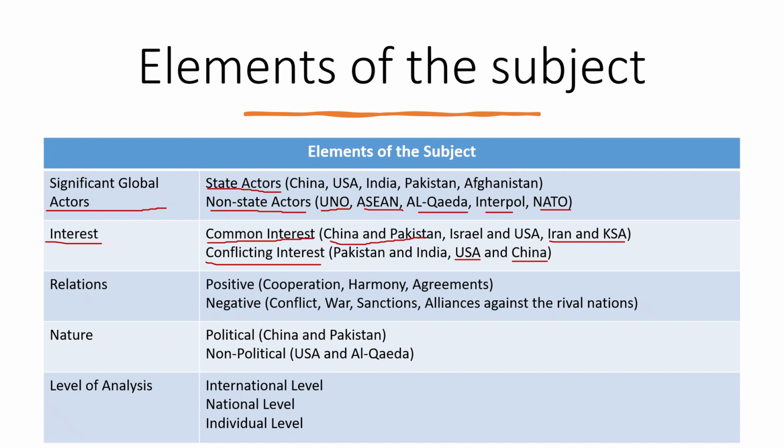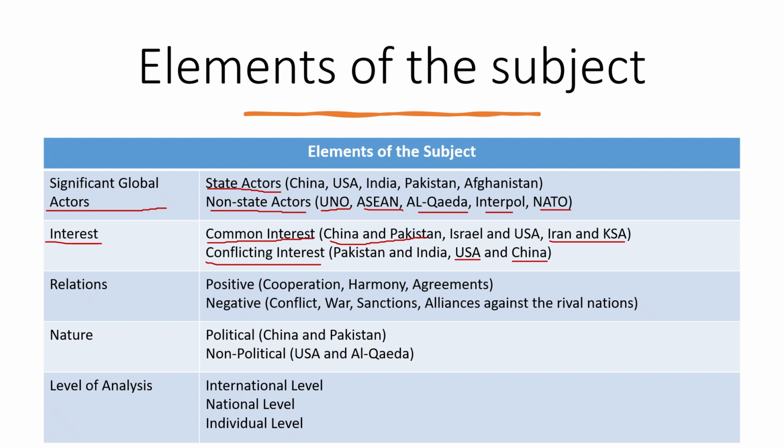We cannot call that relation a political relation, although both the parties are states, and a state is a political entity. But we would not call a historic relation a political relation. Okay, so there are two kinds of nature of relations, political or non-political.